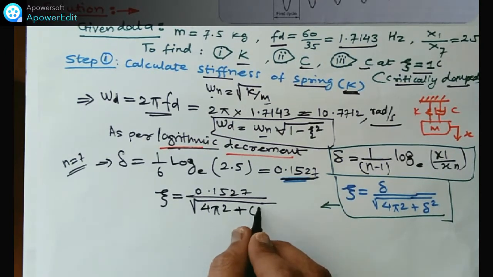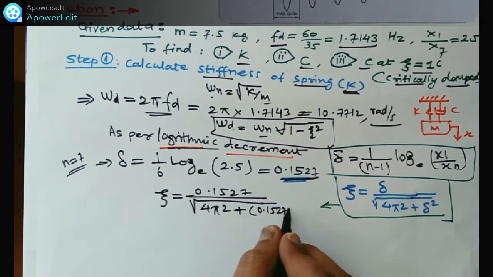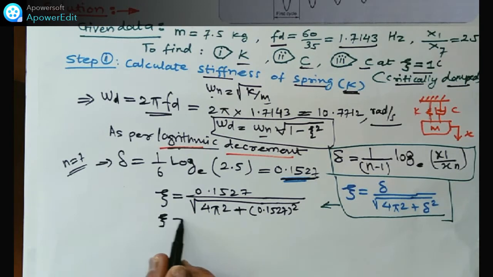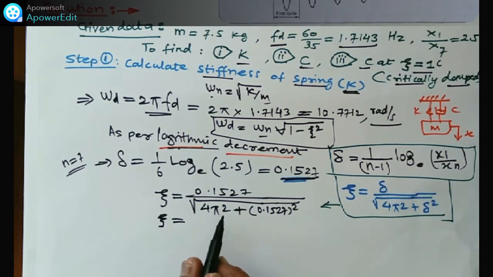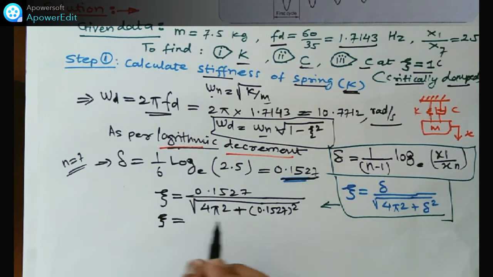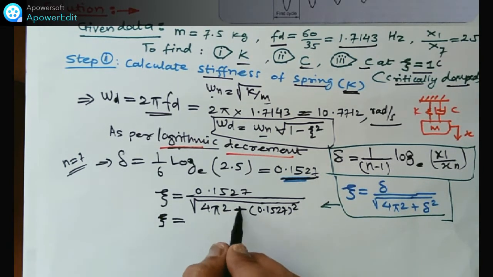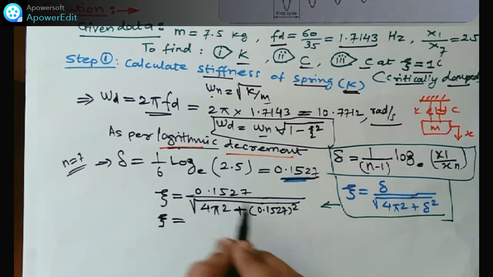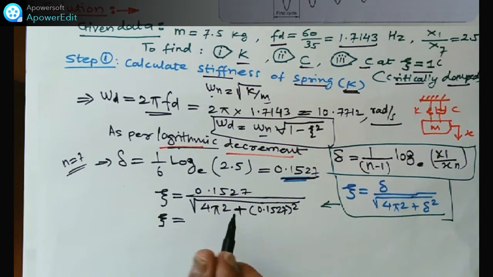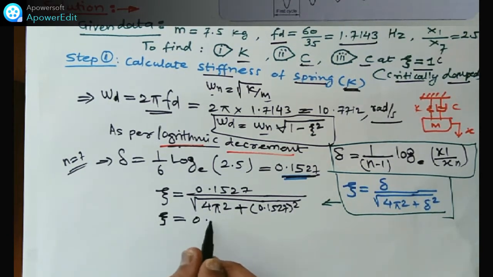So here I close the bracket. So we'll get the value of zeta here. What is the value then? Solving this, simple: under root of 4 pi square plus 0.1527 in bracket square. We get the value 0.02429. This is the value of zeta.